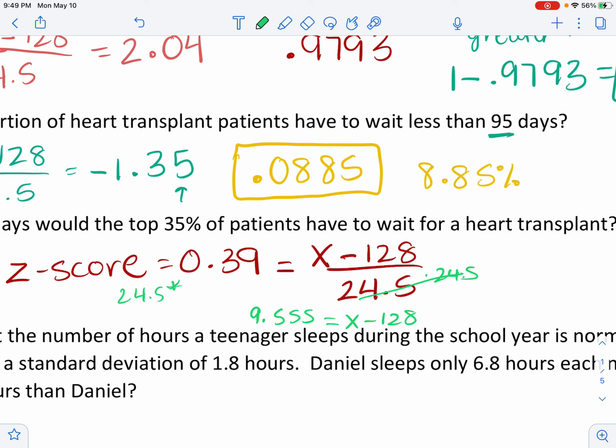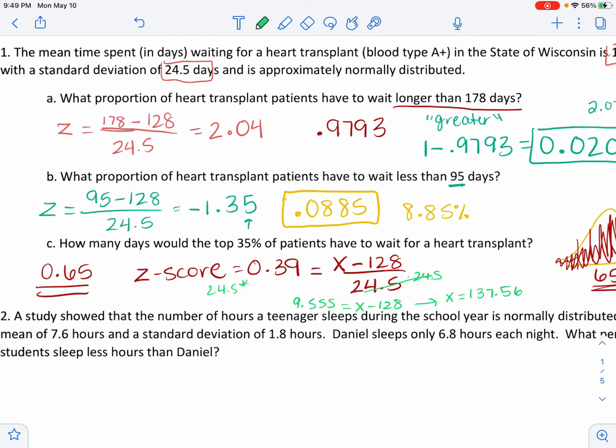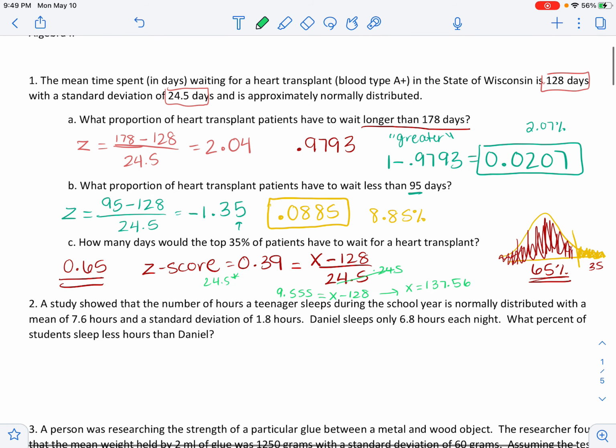Next, I'm going to add 128 to both sides, and I get x equals 137.56 days. Now, if I was going to round this to a whole number of days, I would say that this is approximately 138 days.